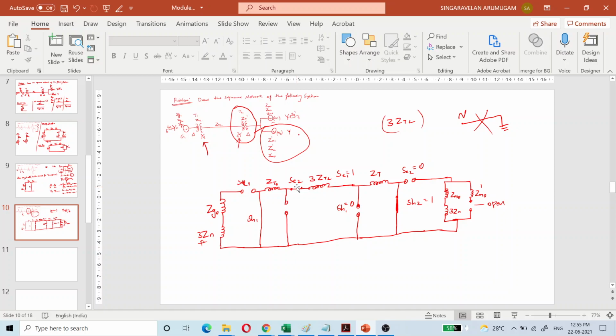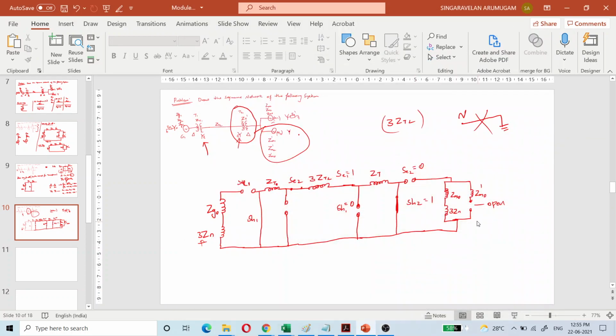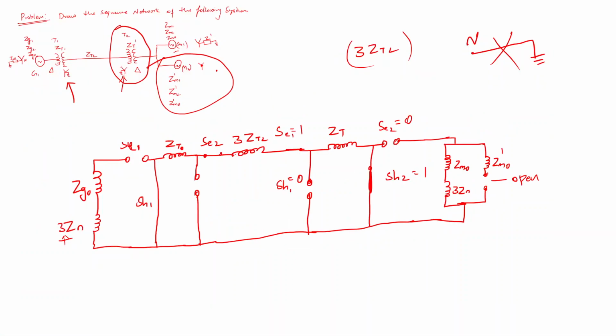unsymmetrical fault network. Okay. Sir, how is SE2 0, sir? Which one? The second SE2, the delta connection. Okay, I'll tell. You are speaking about transformer 1 or 2? Transformer 2, sir. What is the type of the secondary side here? Delta.